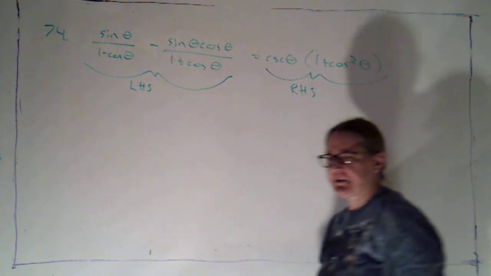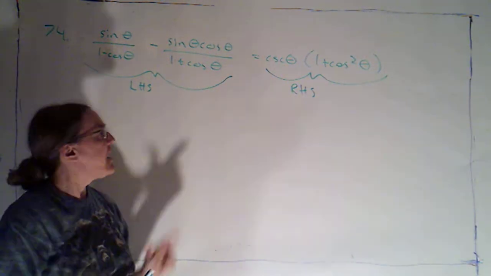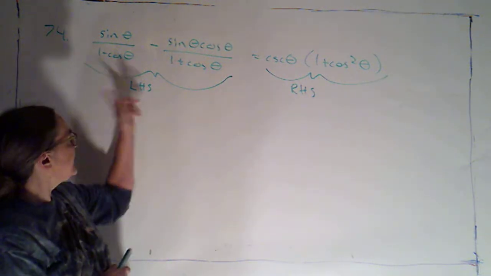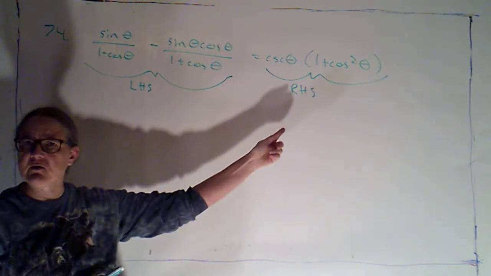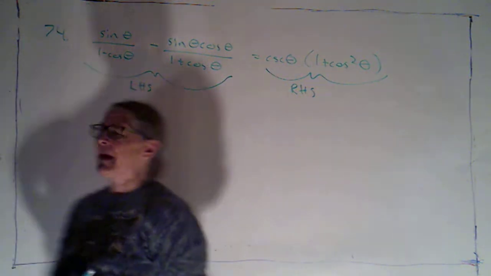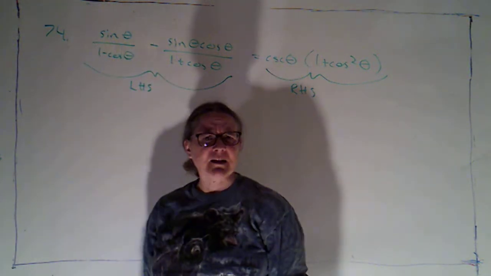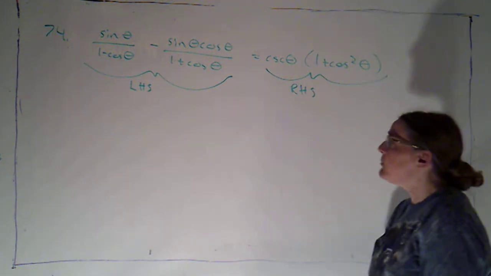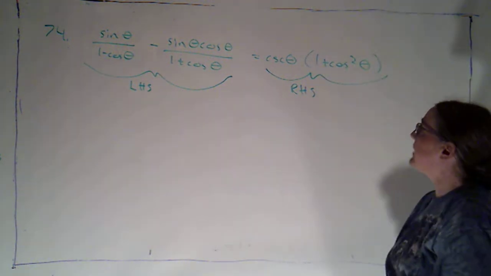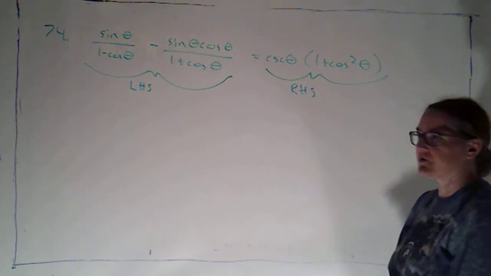Well, let me say a couple of things about strategy, first of all. These problems can look really intimidating because it is not obvious that those two things are equal. It's not obvious to me that they're equal. I believe that they are because I got this from the textbook, okay? And I believe that we can prove that, but it's not at all obvious. So it's not like you should look at it and say, ah, yes, of course that's true.